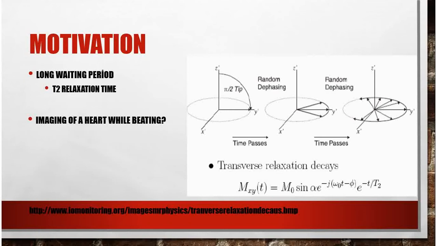Cardiac imaging, for example: the heart beats 1 or 1.5 times each second, and the movement of the tissue might create artifacts in the image. And real-time MR imaging, in which the speed is important rather than the quality of the image.